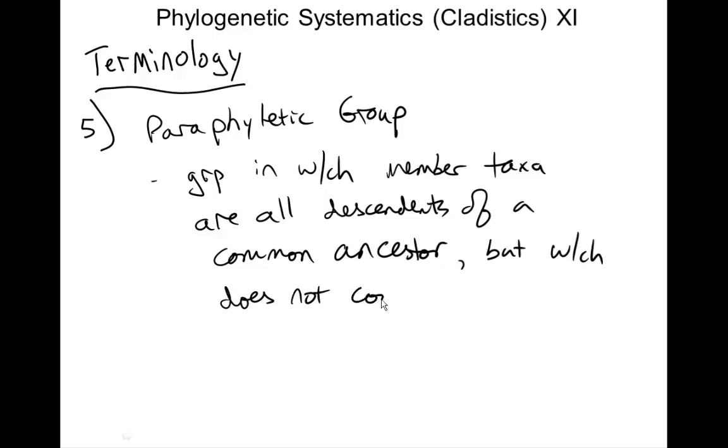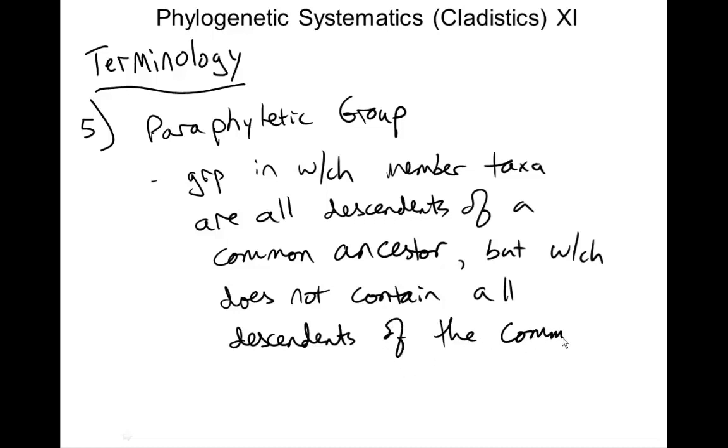It does not contain all descendants, or all taxa, of the common ancestor. So we've got a group whose members are all descendants of a common ancestor, but that grouping we've delineated doesn't include all of the descendants of that common ancestor.